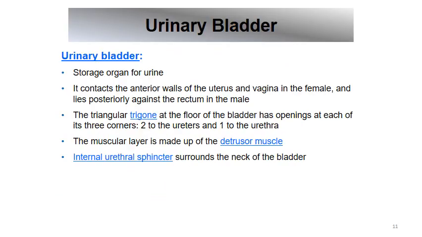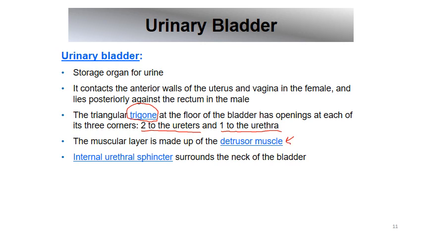Urinary bladder, so it just stores the urine. At the bottom, there is this triangular region in the bladder that is called the trigone. This region is where the two ureters attach to the bladder. And at the bottom, the urethra comes out of the bladder in this region. The bladder is made up of this muscle called the detrusor muscle.